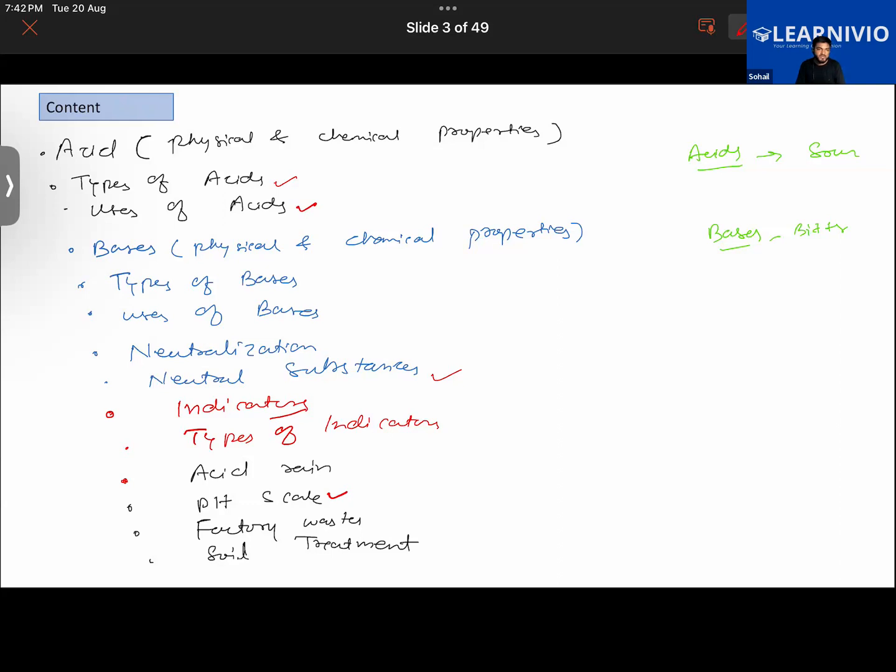Furthermore, we also see that after repetitive use of fertilizers on soil, let's say a farmer for so many years has been using fertilizers without caring for the health of the soil, the soil might become highly acidic in nature.